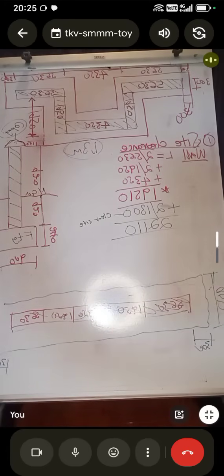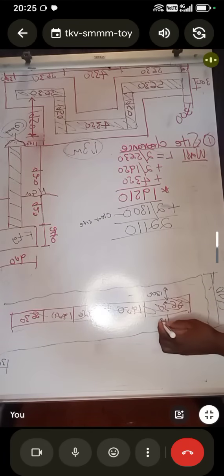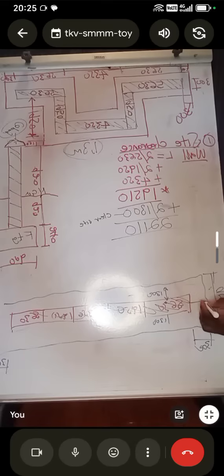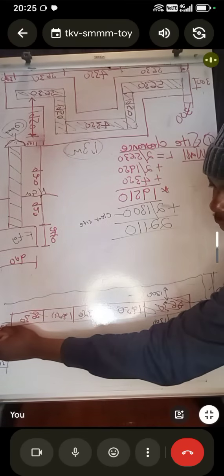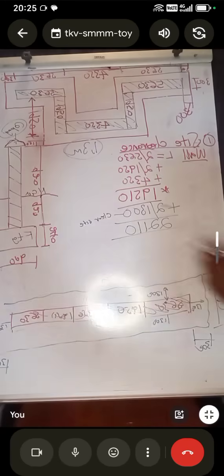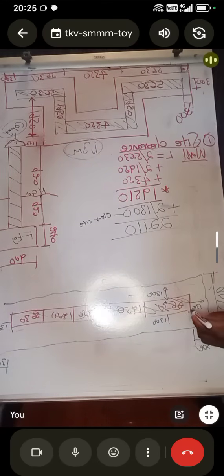We must clean around the brick wall. From here to here, it must be 1.3 all around. So obviously the length is going to change because it exceeds with 1.3 wide. That's why we said 2. This 2 means both sides.